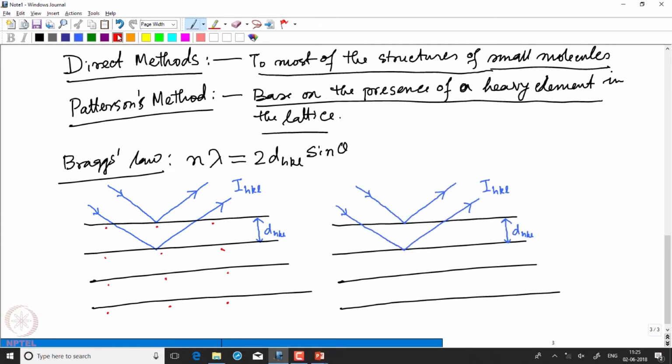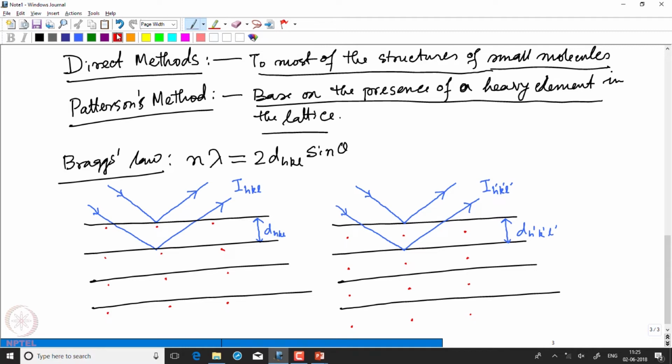There may be a situation where the atoms that we are trying to locate are significantly away from the concerned planes. The way I am drawing it is somewhere in between the planes and not exactly on the planes. So this happens with another set of planes, which I write as D H prime K prime L prime, where the intensities are I H prime K prime L prime.